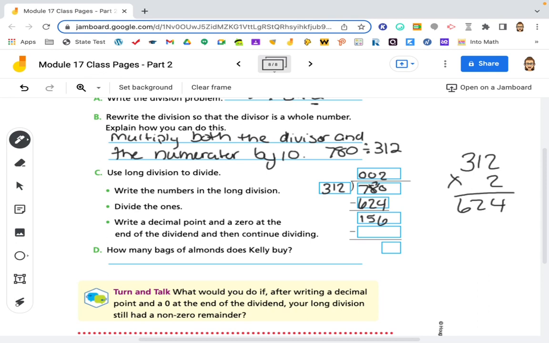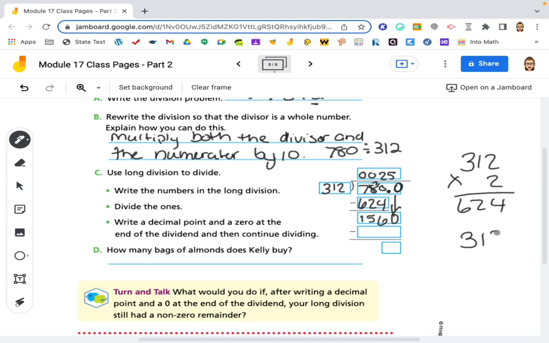Then we have to add a decimal point and a 0 because we need to keep going. So you bring down the 0. So 312 is going to go into that 5 times.